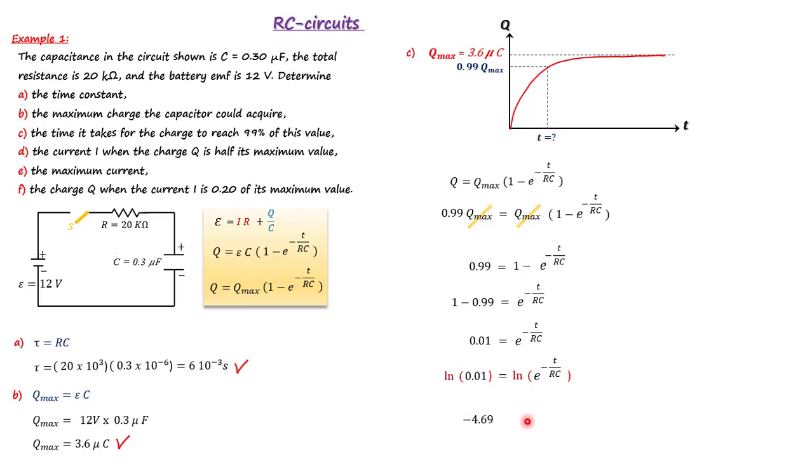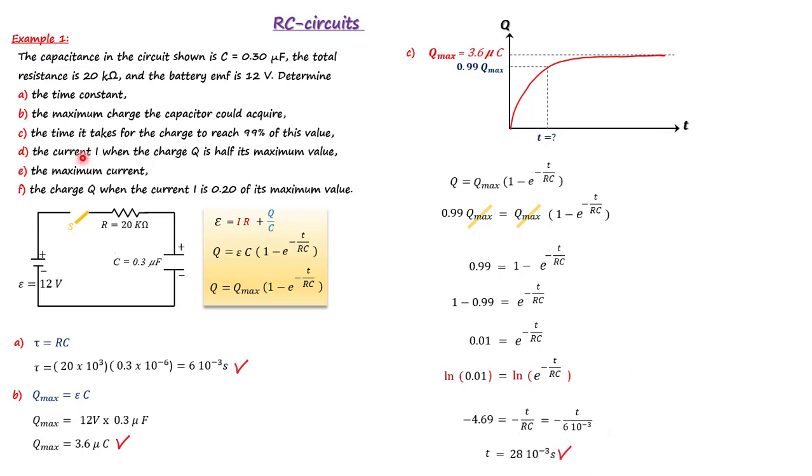You can use your calculator. When you take the ln of this part, you will get rid of this exponential term. Then we have minus t over RC. Here we have the value of RC, 6 times 10 to the minus 3. So from there, t is 28 times 10 to the minus 3 seconds.